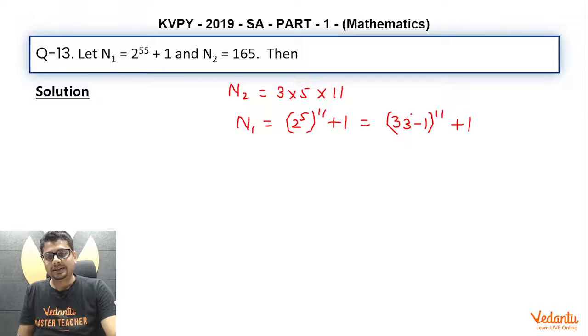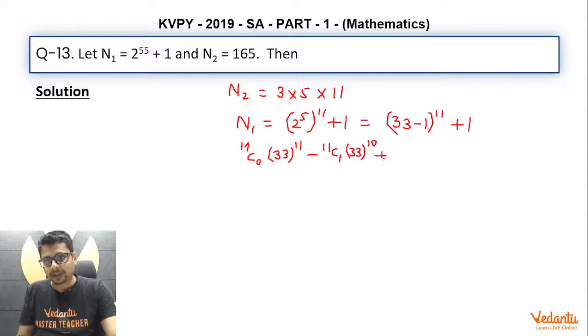Now, as I expand this using binomial theorem, what would I get? I'll get 11c0 33 to the power 11 minus 11c1 33 to the power 10 plus 11c2 33 to the power 9, minus, plus alternate, and ultimately you would get minus 11c11 33 to the power 0.